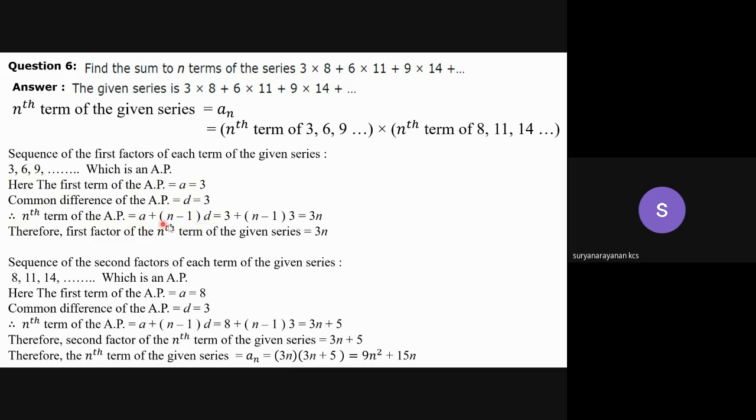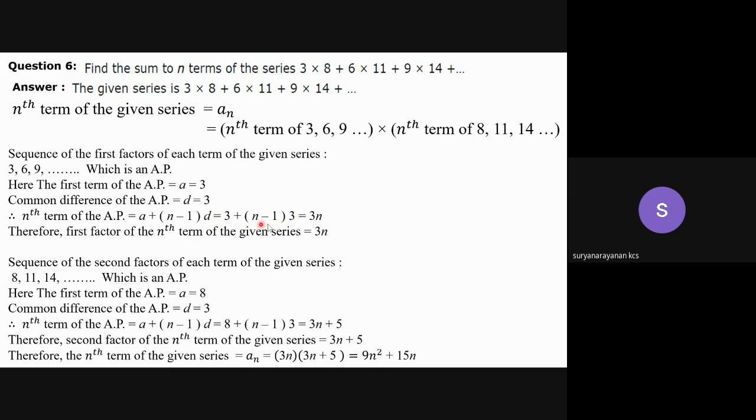You know this formula. You have already learned it in your 10th class. You have to remember this formula well. This is a very, very important formula for this chapter. In this formula we substitute the a value and d value. So a is equal to 3 plus (n minus 1) into 3.